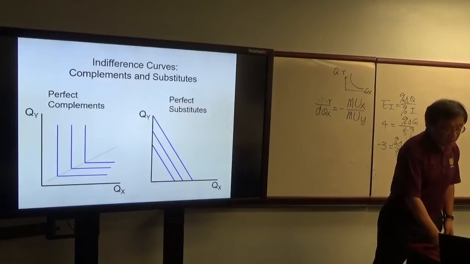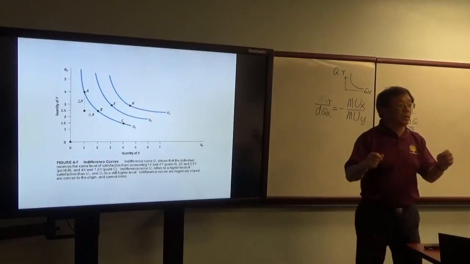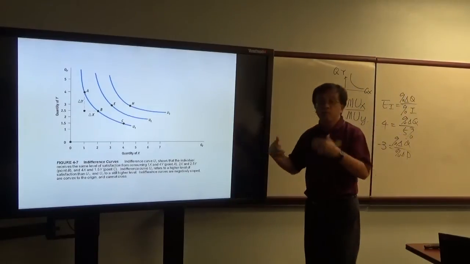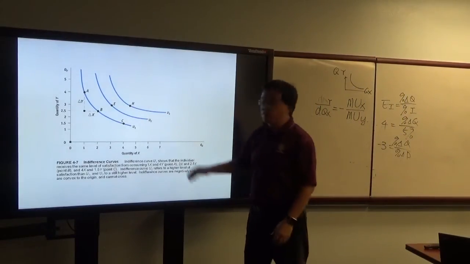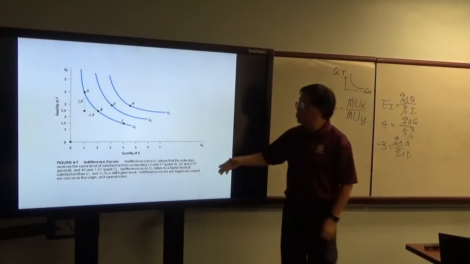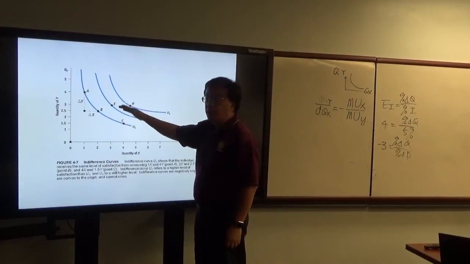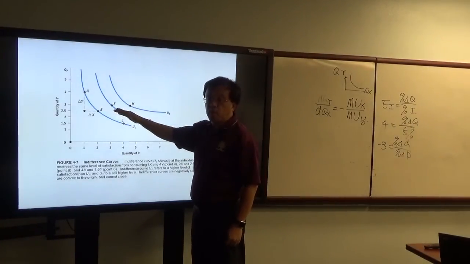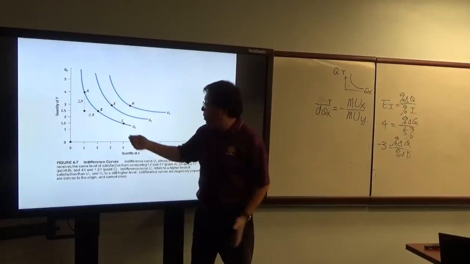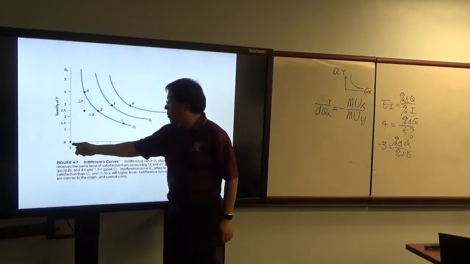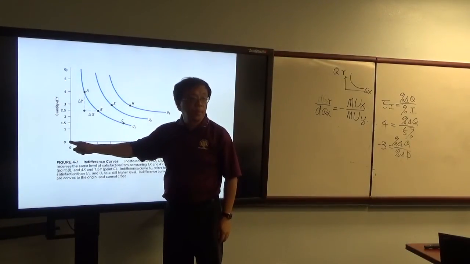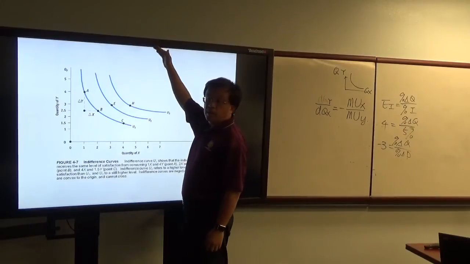But the utility function only is your taste preference. But which curve you can reach depends on your income. Some people maybe have no income, they may end up here. And for a billionaire, maybe over here, right?